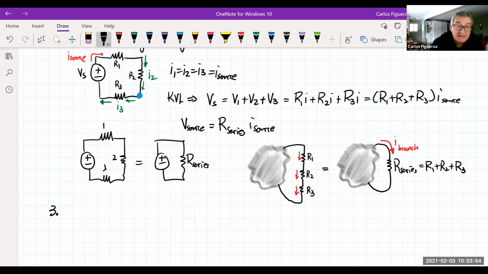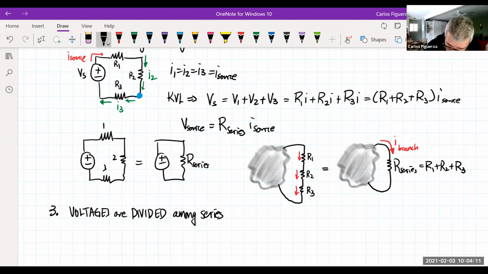So 3 says this here. Voltages are divided among series elements. And they're divided in 2 ways.